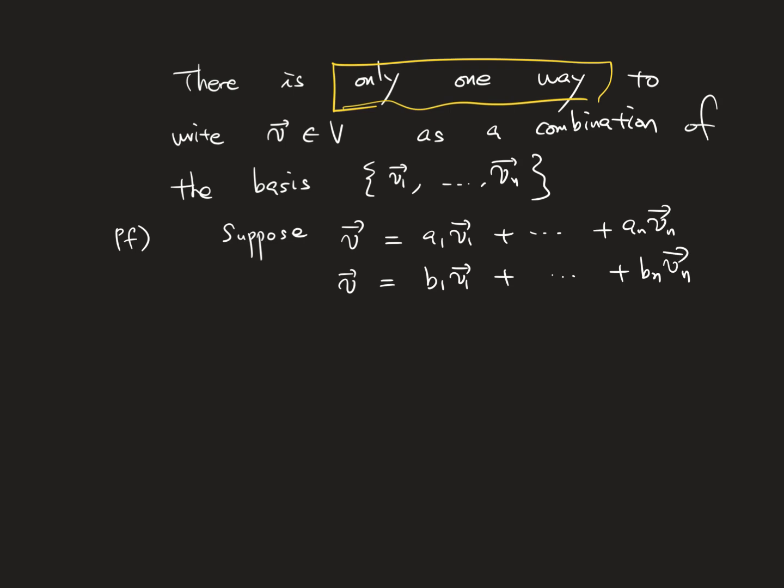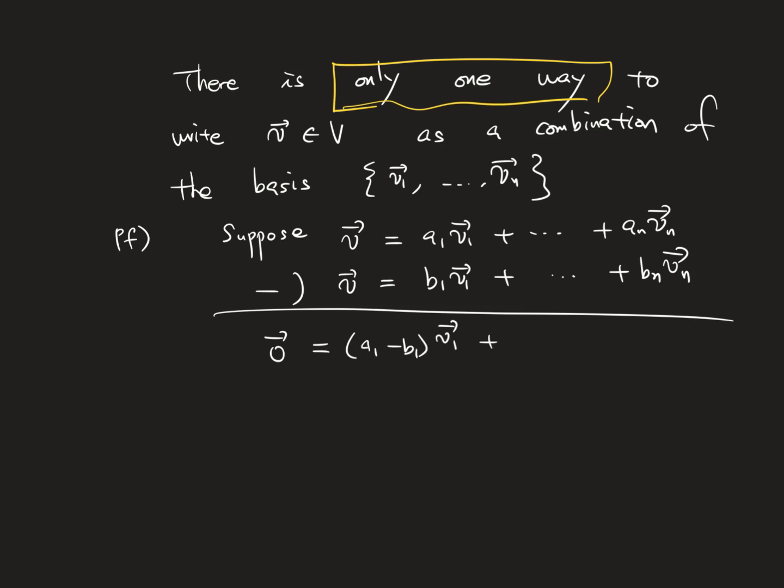So we assume that there are two linear combinations for a vector v, and we subtract each term. We have the 0 vector here: (a1 minus b1) v1, and so on, (an minus bn) vn will be the 0 vector.